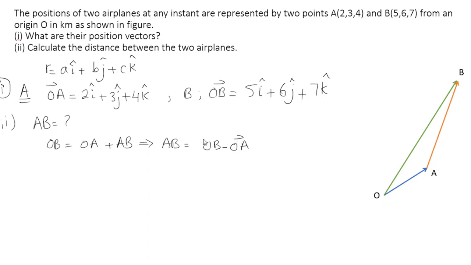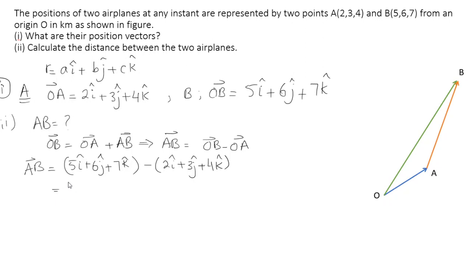These are all in vector form until now, but we need to find the magnitude. So AB in vector form, by plugging in the values from part A, OB was 5I plus 6J plus 7K, minus 2I plus 3J plus 4K. So I can write 3I plus 3J, due to this negative sign, plus 3K.